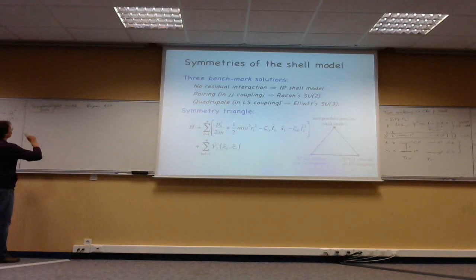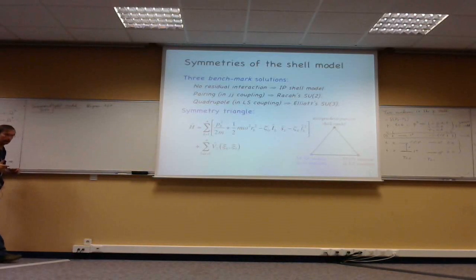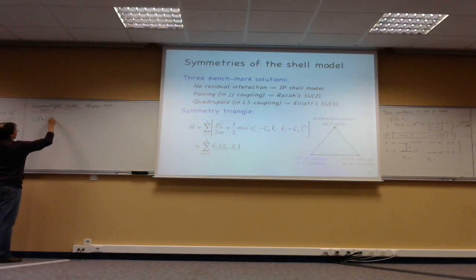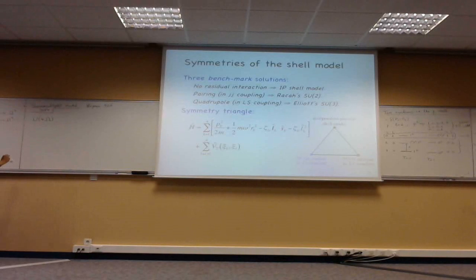So let's assume we have an entire oscillator shell, P shell, but it can be the SD shell, it can be the PF shell, and so on. And so the degeneracy of this oscillator shell is U4 omega. Okay, how do I count?